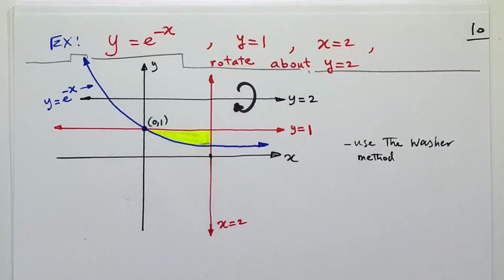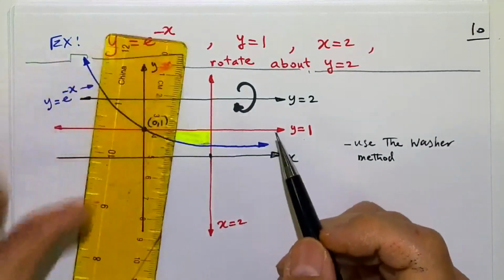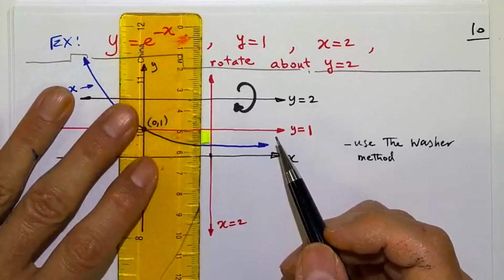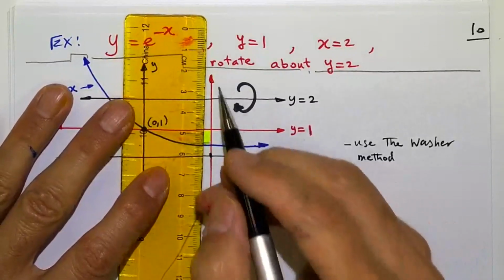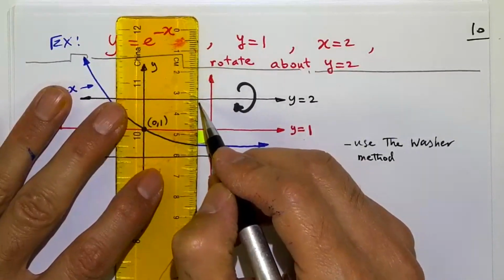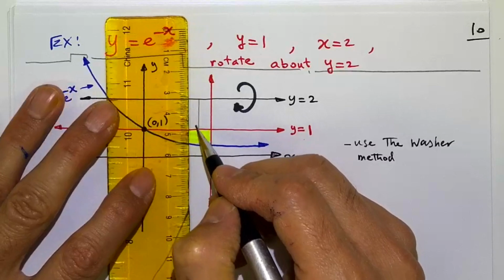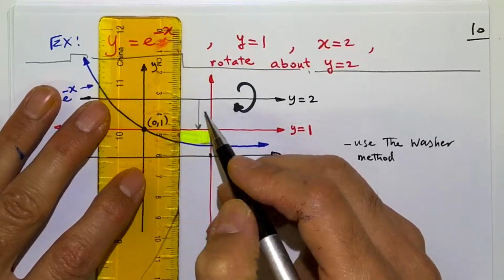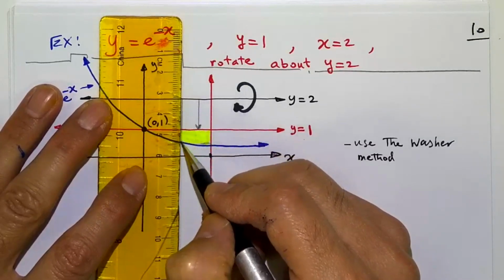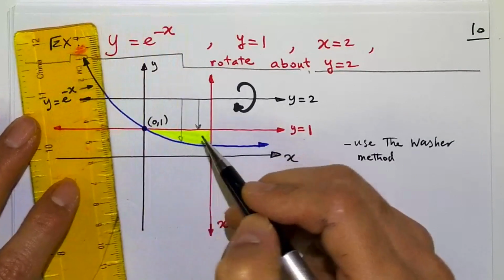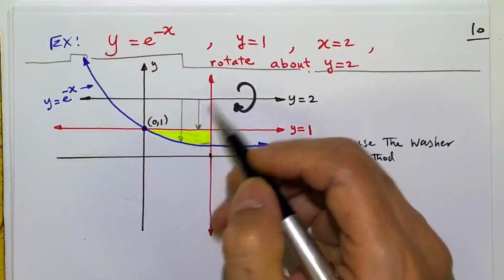And so let's see. We need to figure out the inner and the outer radius, or radii. I'll just do a little arrow here and then another little arrow here, like that.